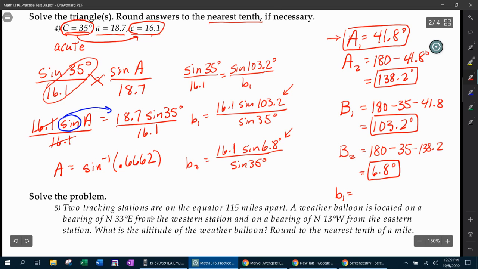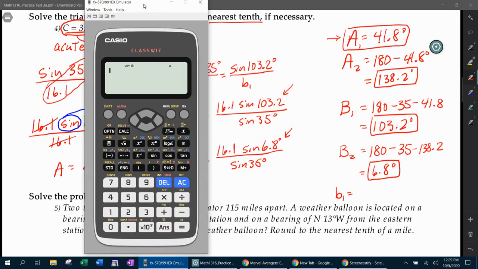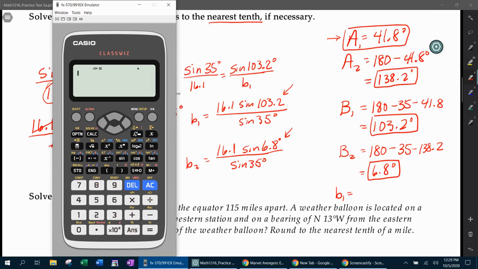And now it's time to button push both of those. All right, here we go. As a fraction, 16.1 sine of 103.2 over sine of 35.